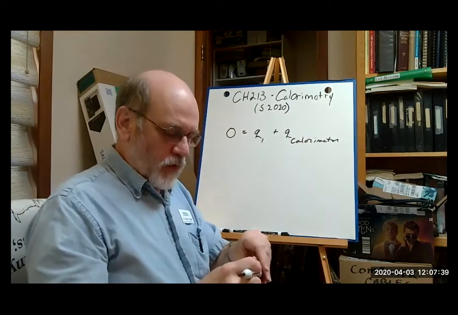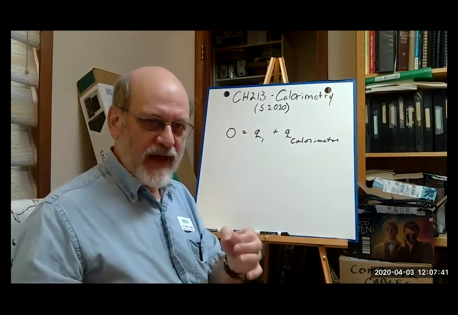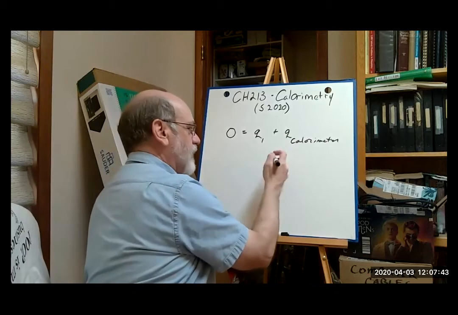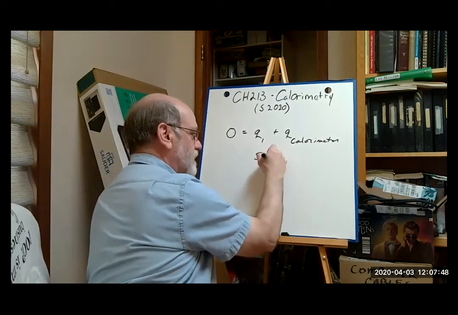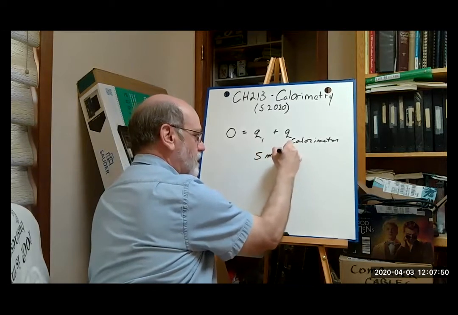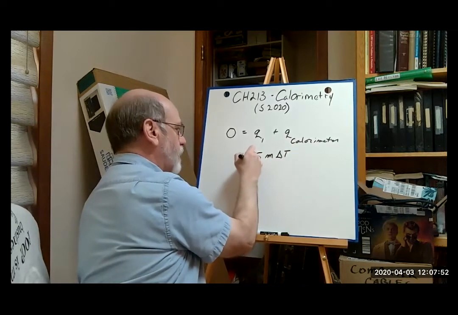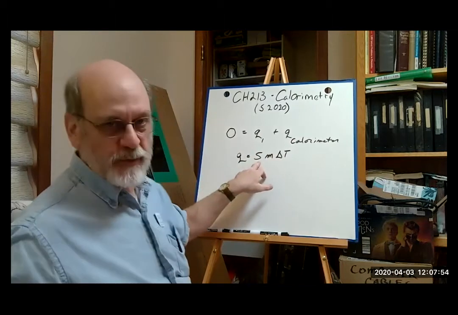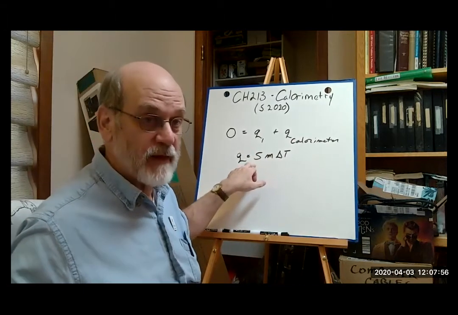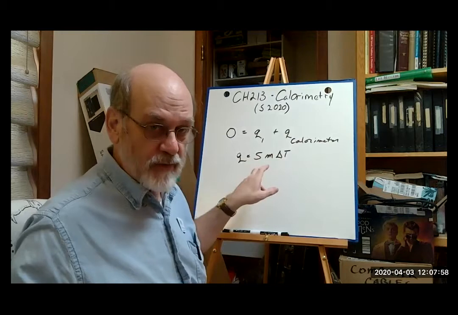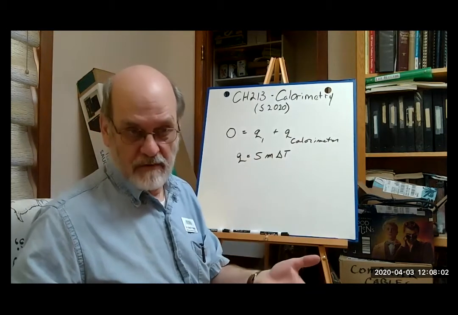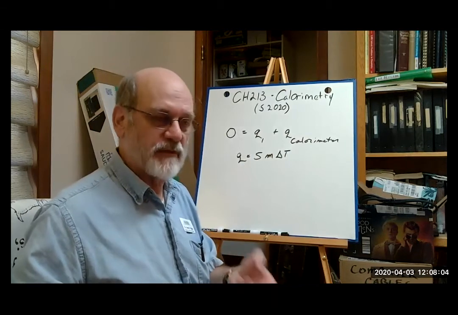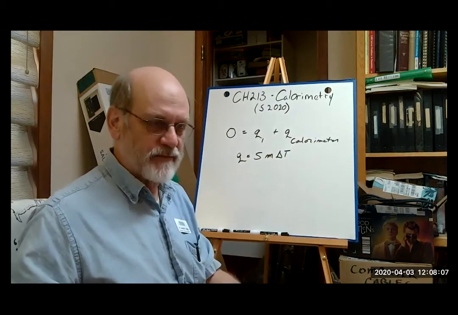What we don't know is the specific heat capacity of the calorimeter. So we cannot use that expression for Q, right? Because we don't know the specific heat capacity of the calorimeter. It's different for every calorimeter. Why? Because our styrofoam cups, manufacturing is not precise enough to make every cup exactly the same.